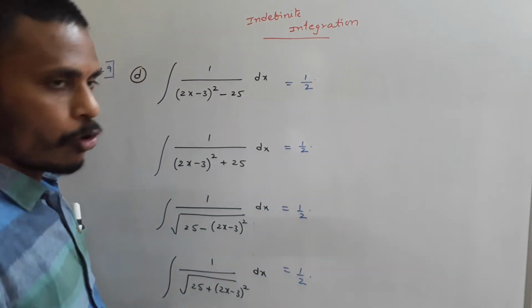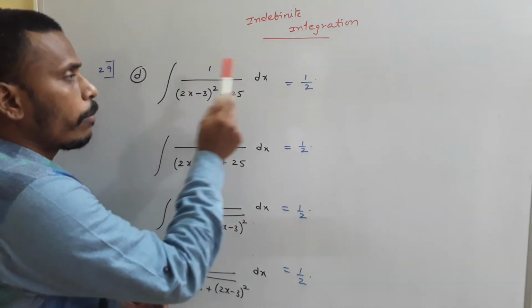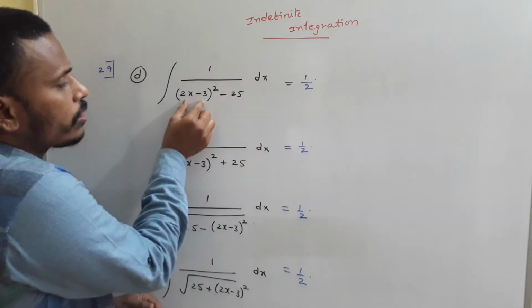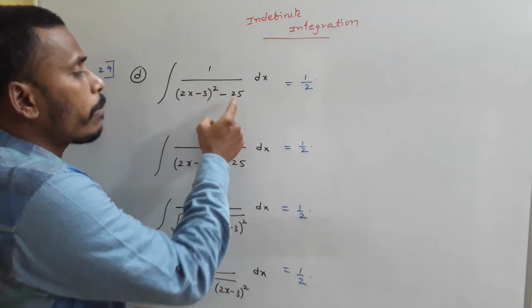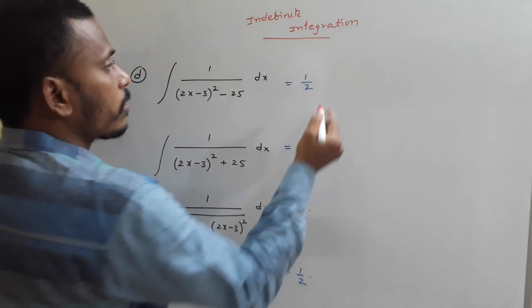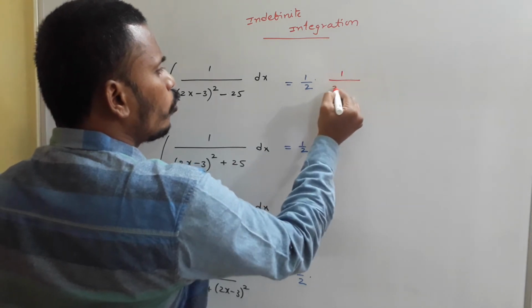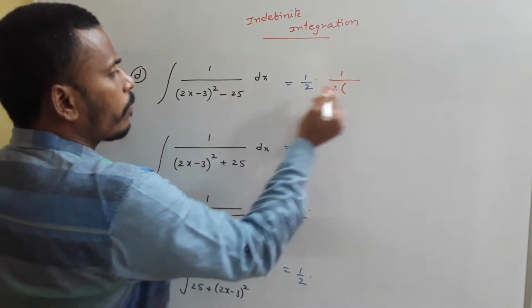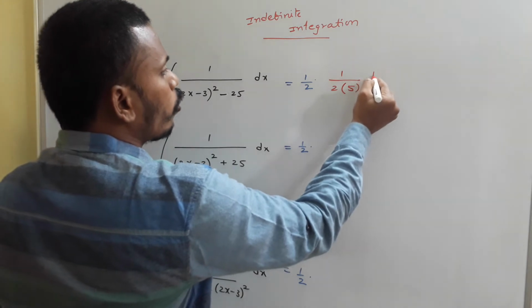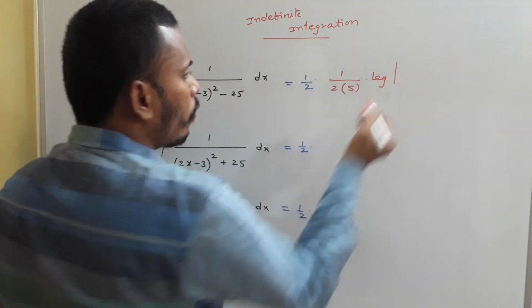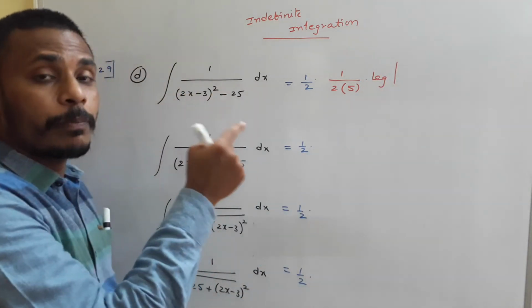Then in the first problem, 1 by 2 into, now treat this as t² minus 5², as we discussed, 1 by 2a logarithm, where a is 5. So 1 by 2 into 5 into logarithm of (t minus a) by (t plus a).